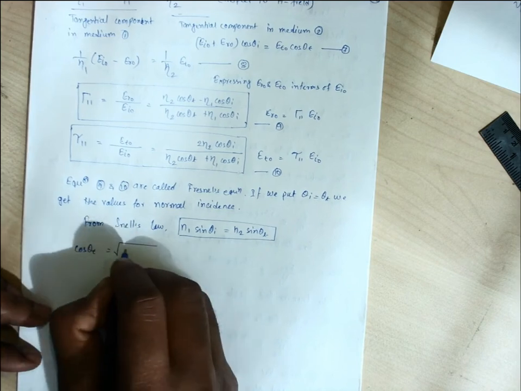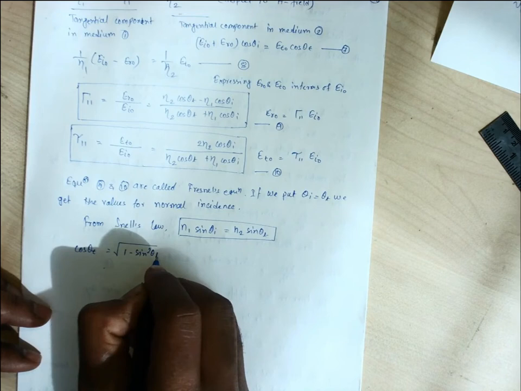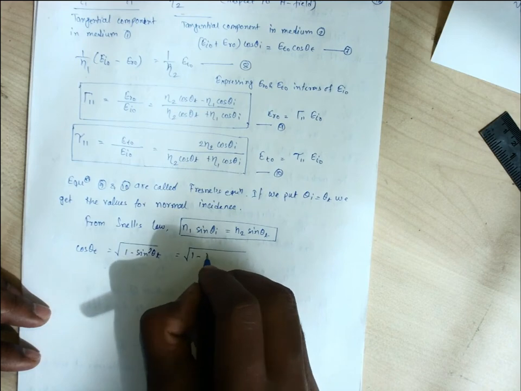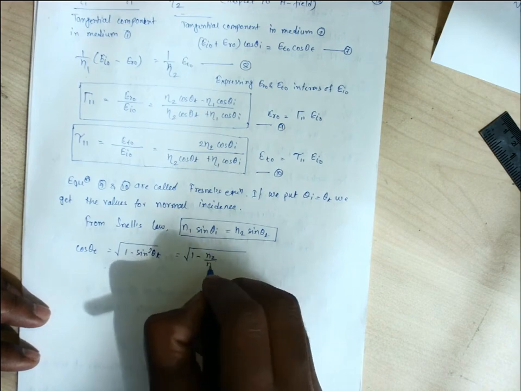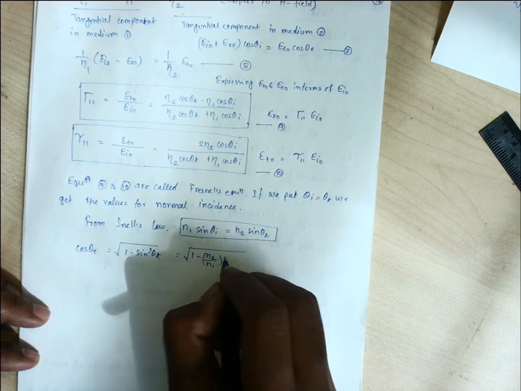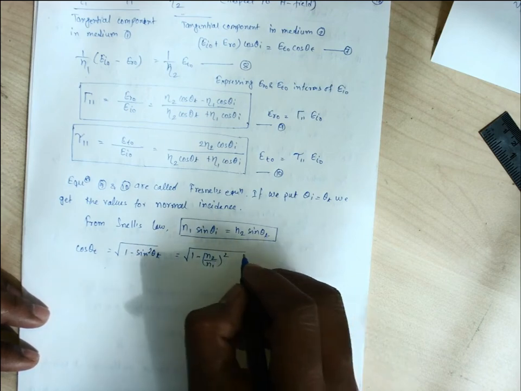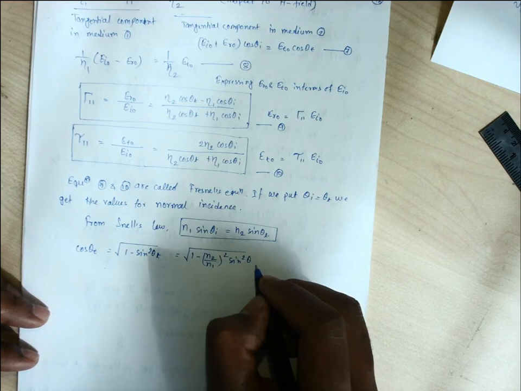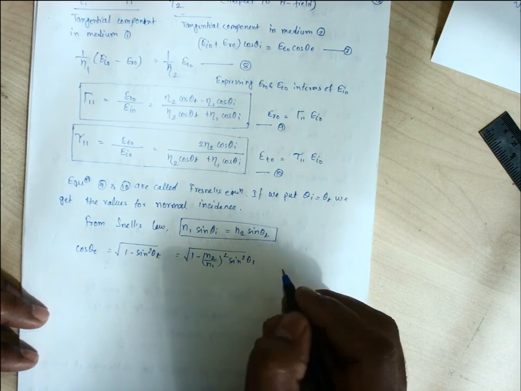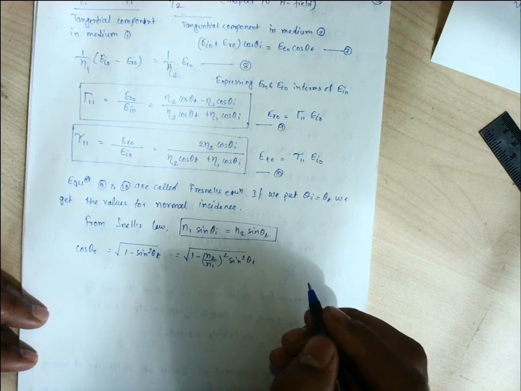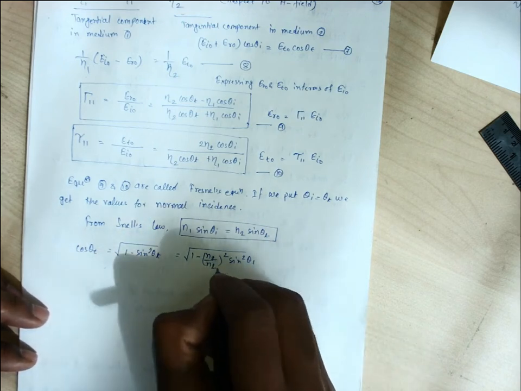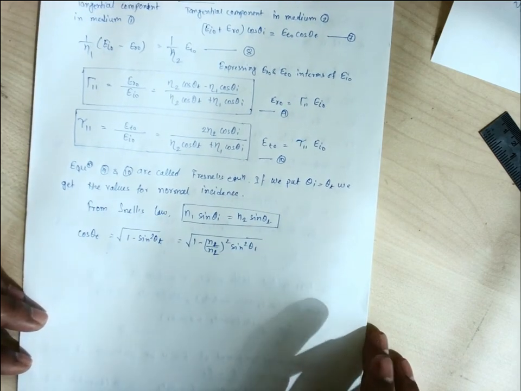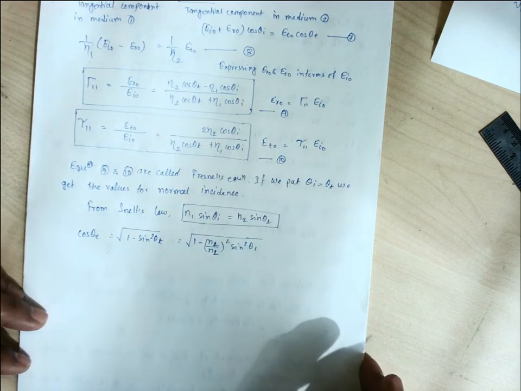It is root over 1 minus sin square theta t, or we can write from this equation, 1 minus N1 by N2 whole square sin square theta I. It is N1 by N2, right? Yes.